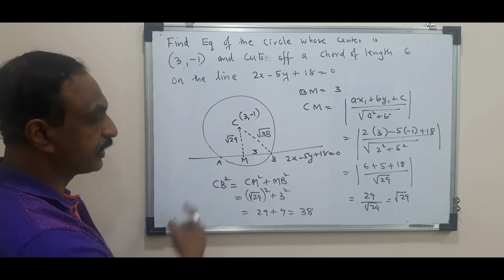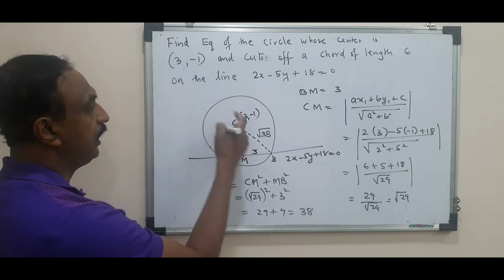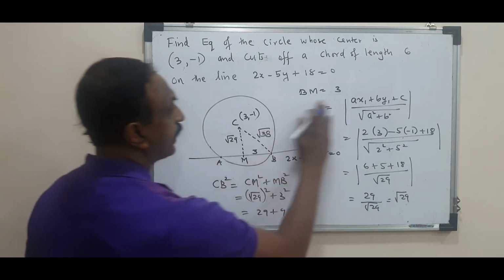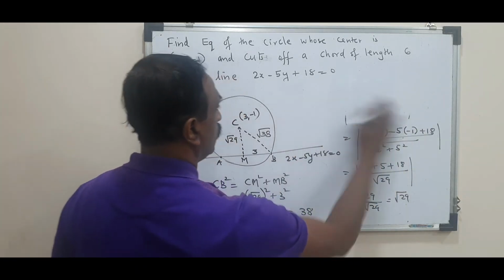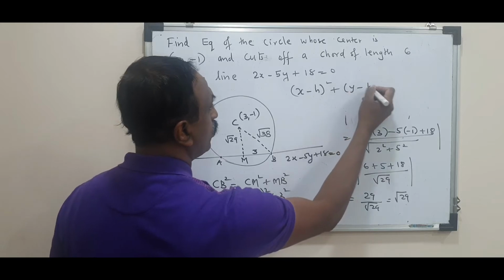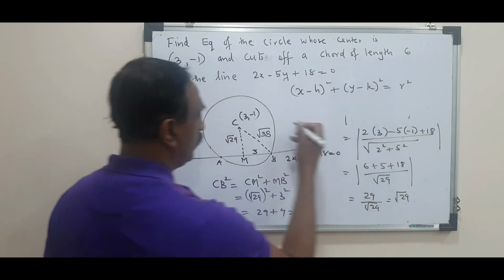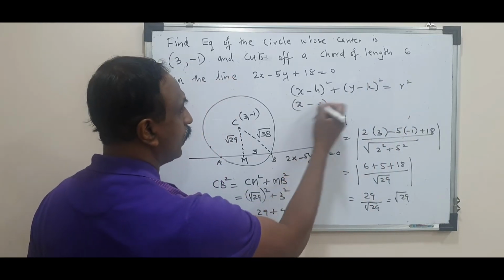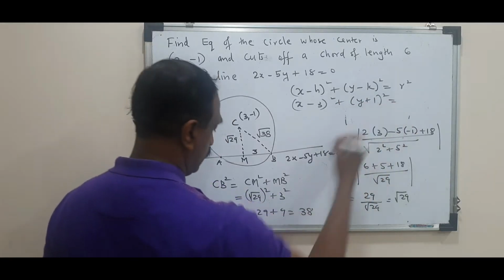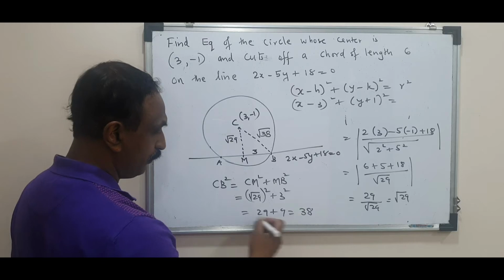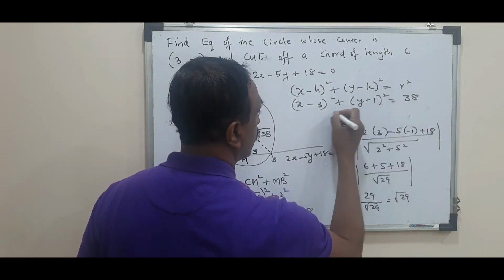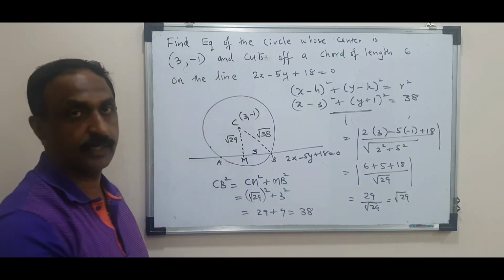Hence the equation of circle can be written as x minus h the whole square plus y minus k the whole square equal to r square. So x minus 3 the whole square plus y plus 1 the whole square equals r square, and r is root 38. Squaring it, you get 38, and you can expand and write your final answer.